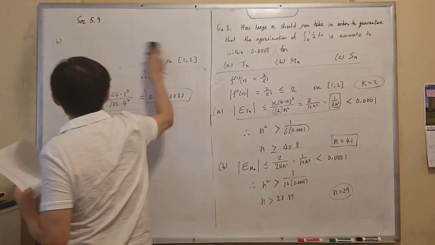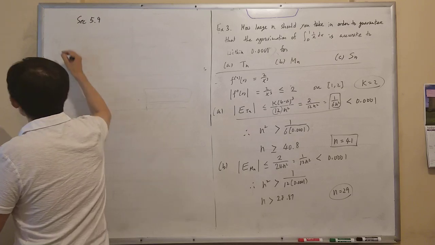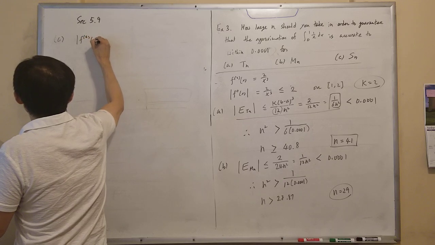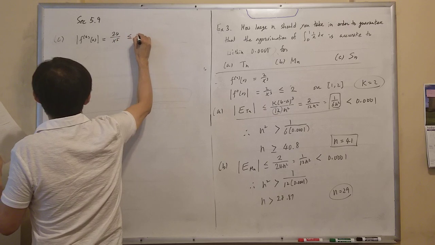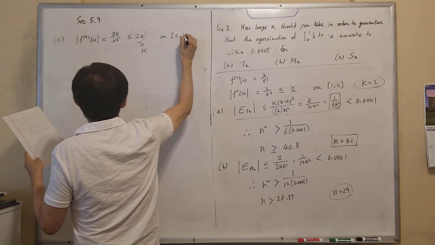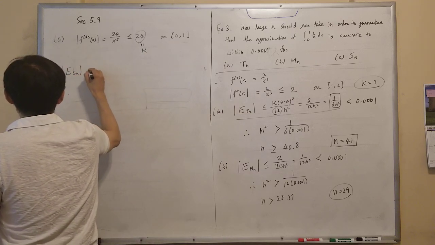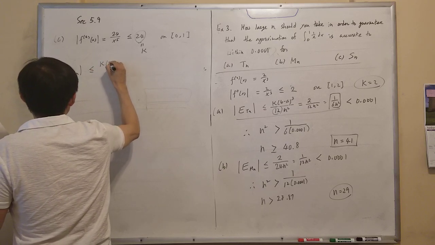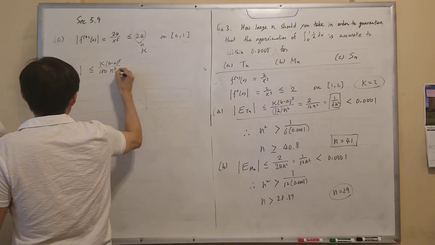What about Simpson's rule? For Simpson's rule, we already found that this thing, 24 over x to the fifth, is less than or equal to 24. This is our k value. And the absolute value of error from Simpson's rule is, remember, less than or equal to k times b minus a to the fifth over 180 n to the fourth.